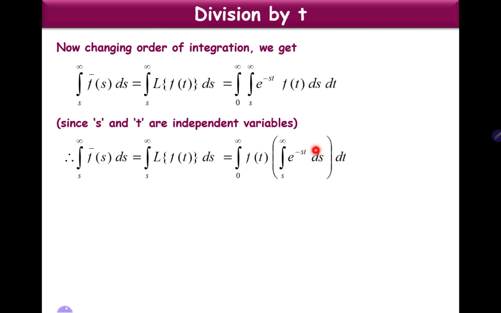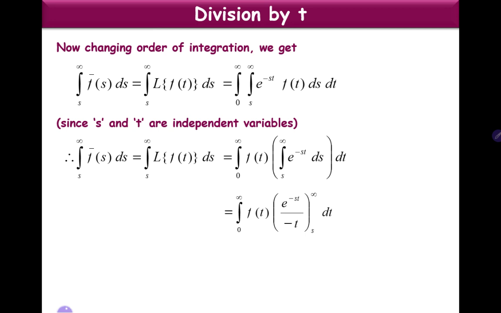Now if we integrate e power minus st with respect to s, what do we get? Integral of e power minus st is e power minus st divided by minus t within the limits s to infinity. So this is integral 0 to infinity f of t into e power minus st by minus t with the limits s to infinity dt.